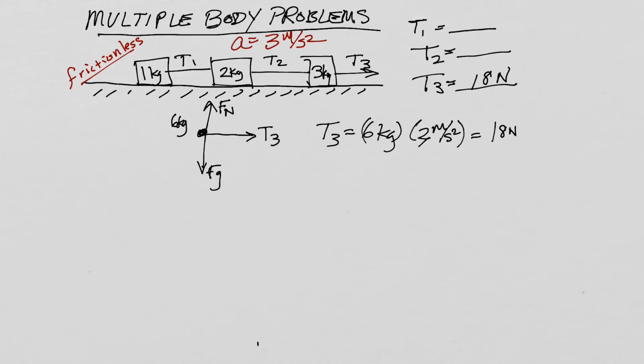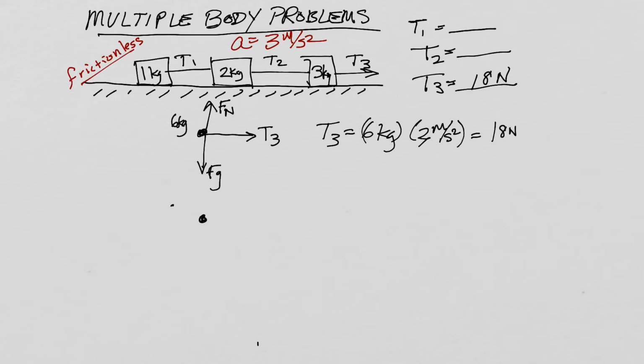All right, so we really didn't have to worry about what's going on inside between the multiple masses. We just looked at them as if they were all together. So that gave me T3. What about T2? I can look at T2 and say, all right, T2 pulls the 1 kilogram mass and the 2 kilogram mass.